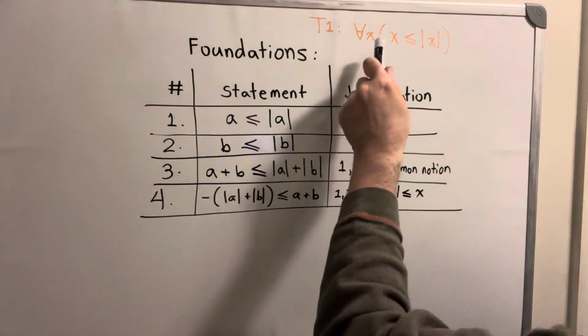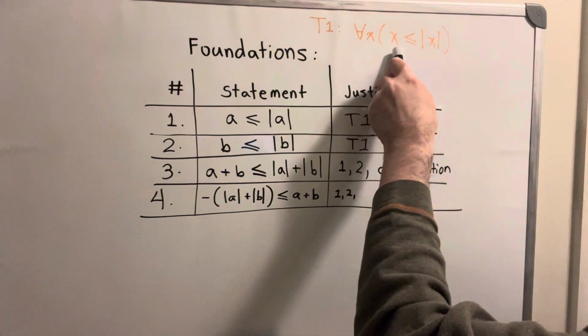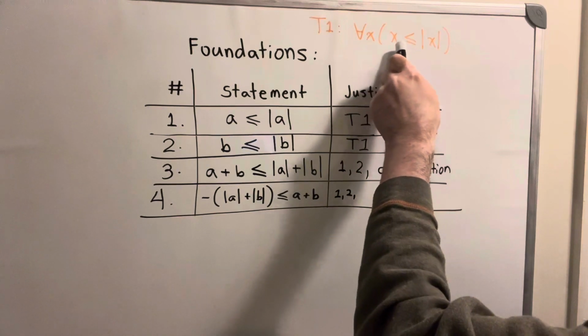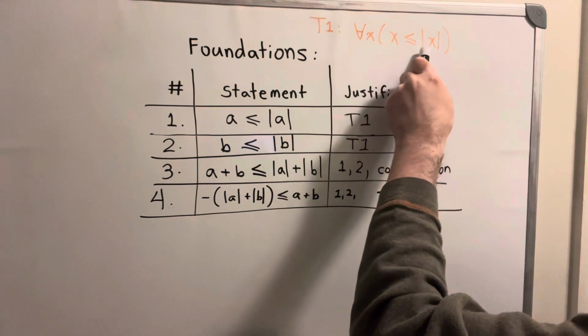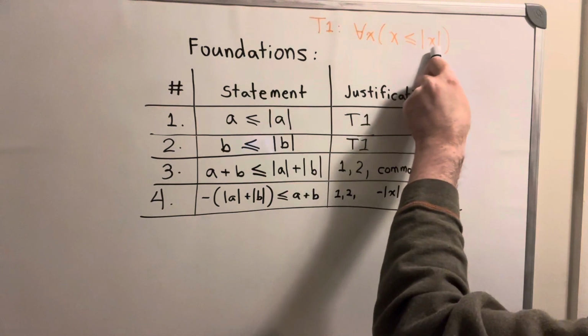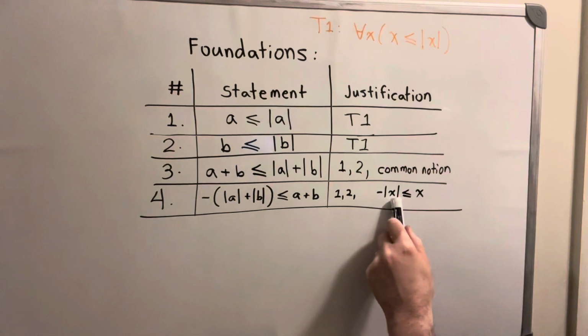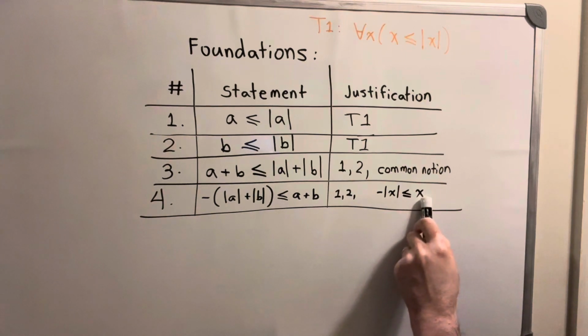if you accept this as a theorem, and if you accept that x is always less than or equal to the absolute value of x. Now, if you take the negative of the absolute value of x, minus the absolute value of x. If x is negative, then this and this are equal.